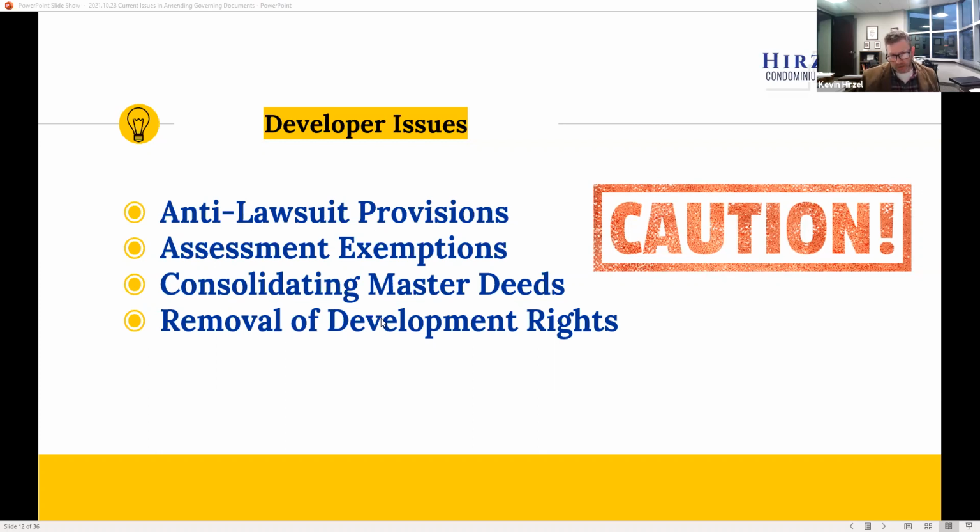And so if your documents still contain that type of provision, that's something that you should consider taking out. The developers also often put assessment exemptions in their documents. Sometimes they'll say they don't pay anything at all. Sometimes only a proportionate share of actual expenses. Sometimes it's simply a factor, a percentage. But oftentimes they'll put in developer assessment exemptions for themselves.